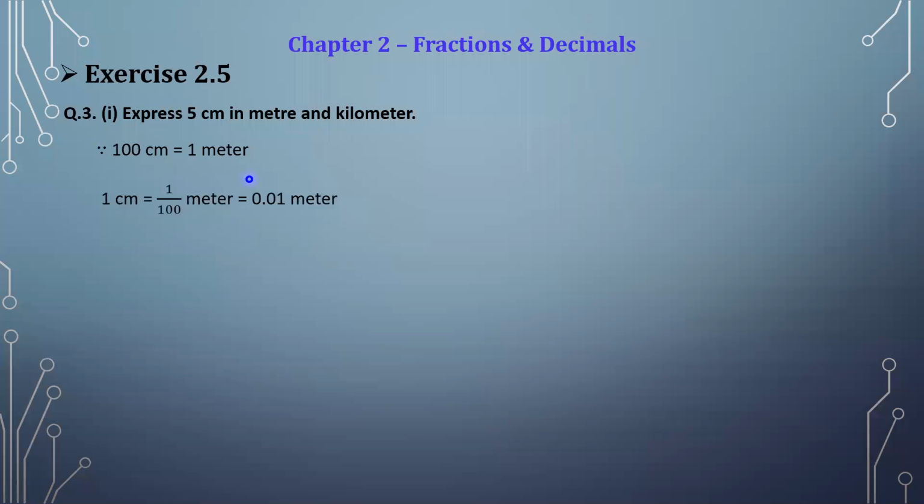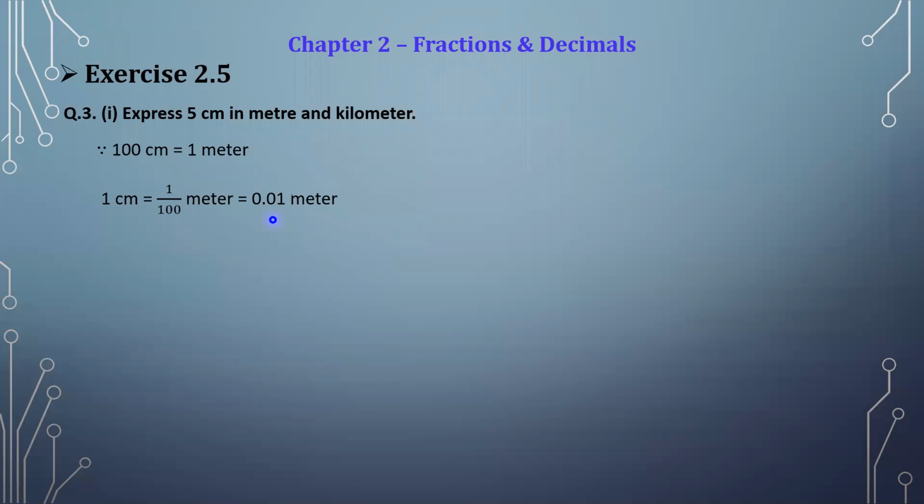Then 1 centimeter is going to be 1 upon 100 meter, or we can also write 0.01 meter. That is the conversion of 1 centimeter into meter.